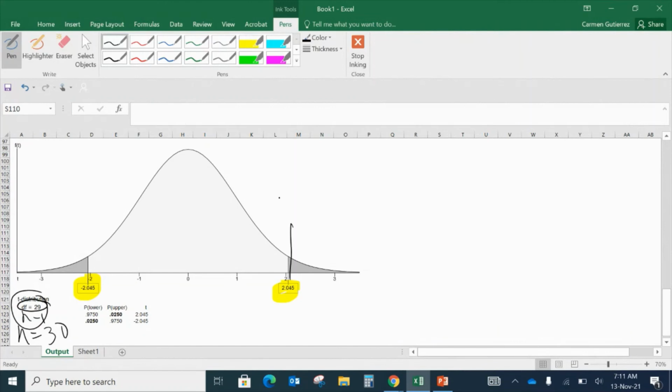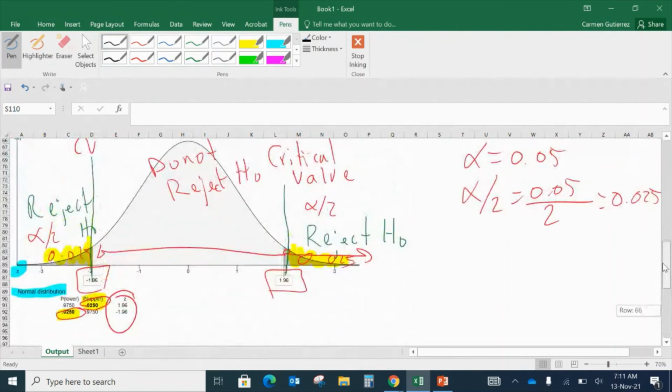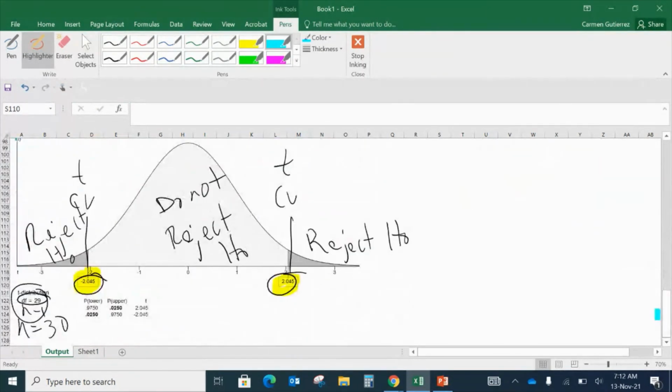And we get that the critical value, the t-value that separates your do not reject H0 from the reject H0, and you have two tails, we're doing the two-tail test, is positive and negative 2.045. If you had decided on step 3 to use the z-table, then that critical value is 1.96 positive and negative. The t-value is bigger than that, it's 2.045.